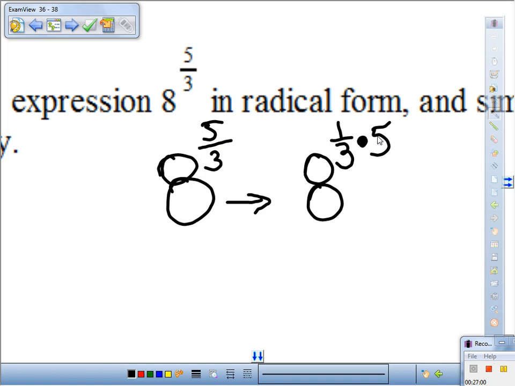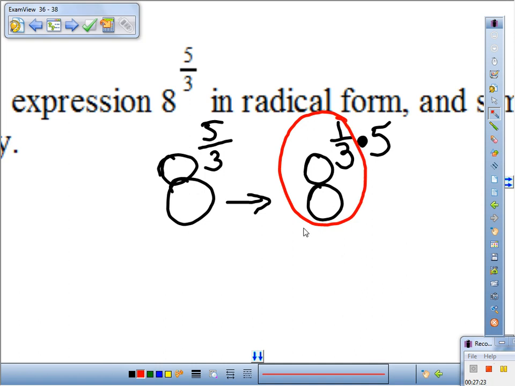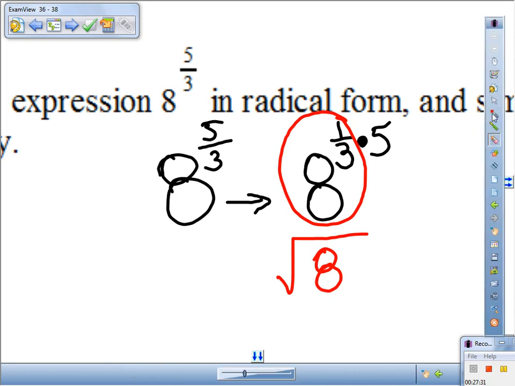But why do we need it to the power of 1 over whatever number? Because this becomes a radical. Circle this one in red so that we remember. This becomes a radical. So that means radical 8, and the denominator is the index. Oh my goodness, our index.